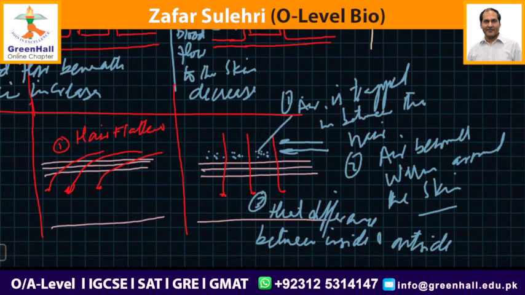So heat difference between inside the body and outside the body, that reduces, and blowing wind does not directly come in contact with the skin, so heat loss जो है वो reduce हो जाएगा.